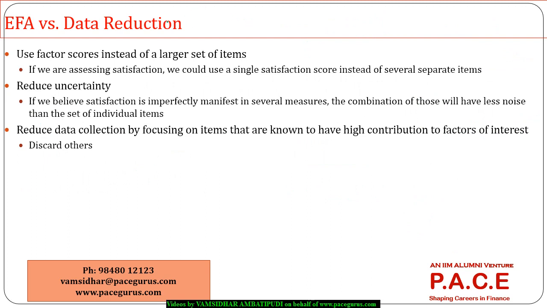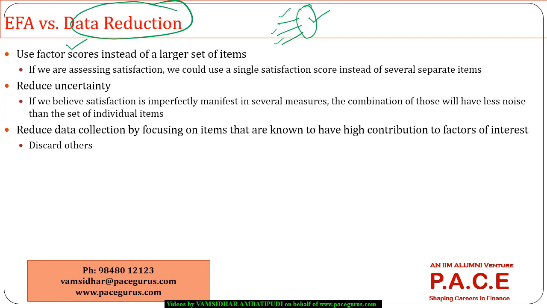Now, how is EFA really contributing to data reduction? First of all, let me tell you about the factors. A few variables are combined together to form a factor. So for any kind of analysis, instead of analyzing each of these variables separately, I can directly analyze this combined one.